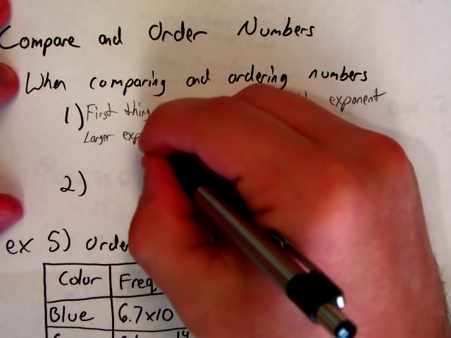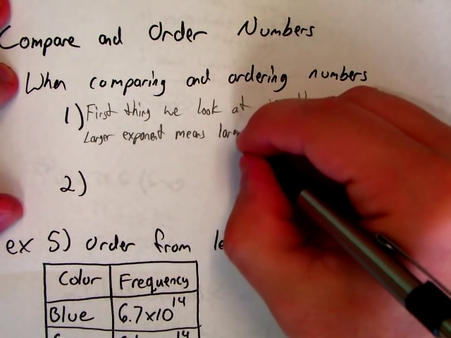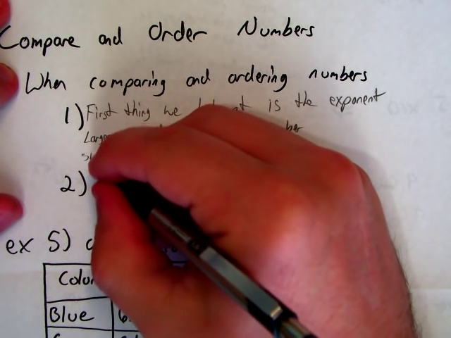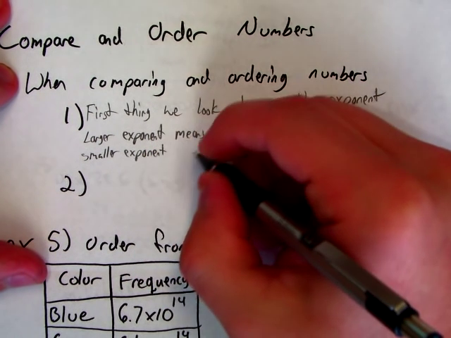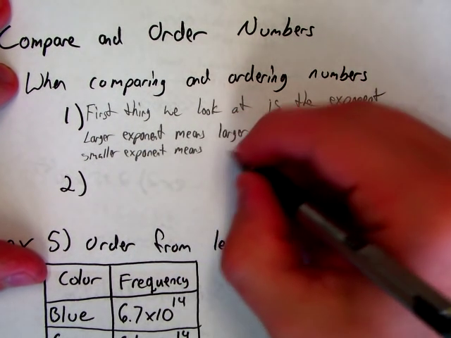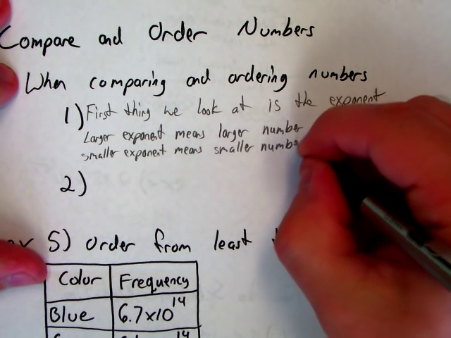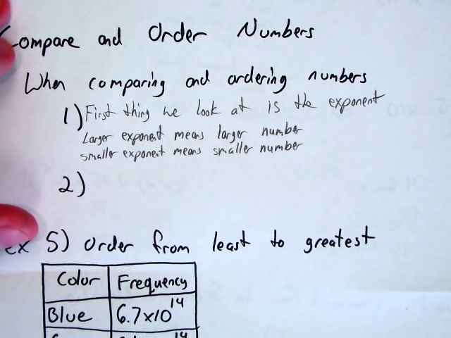Larger exponent means larger number, and smaller exponent means a smaller number. So that's the first thing we look at.